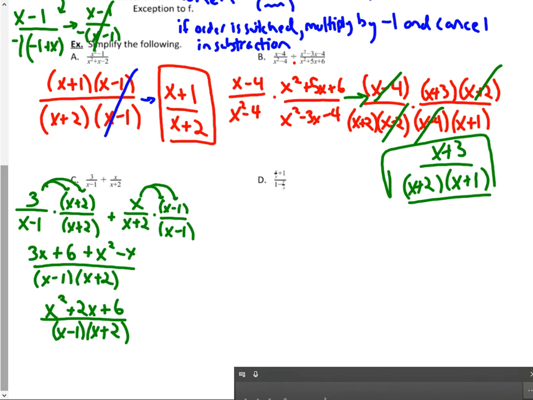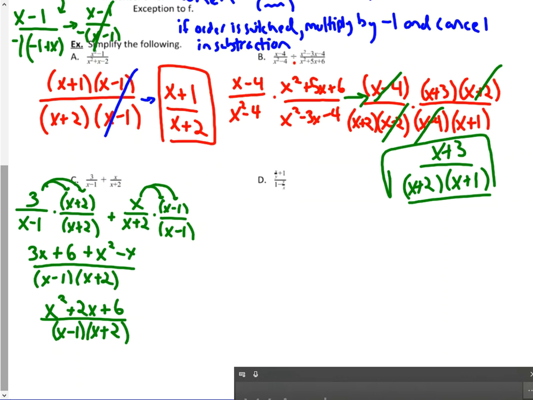All right, please take a look at what I've written on the screen. So once I multiplied both of these terms by what I needed to in order to get a common denominator, I distributed the numerators to get 3x plus 6 plus x squared minus x.